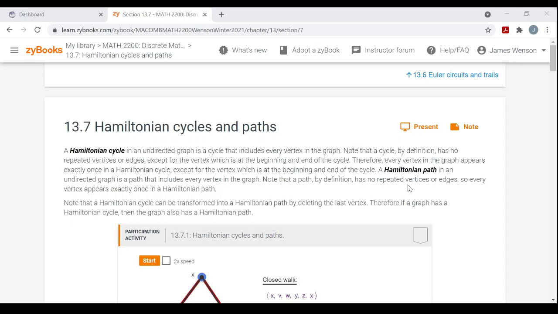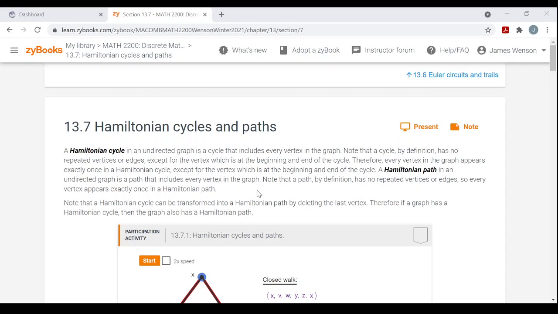So that's a closed walk, a cycle. And then a Hamiltonian path. Remember what a path is from an earlier section: a path was a trail, so no edges repeat, but also no vertices repeat. And it's called Hamiltonian when every single vertex is used. So a Hamiltonian path in an undirected graph is a path that includes every vertex in that graph.